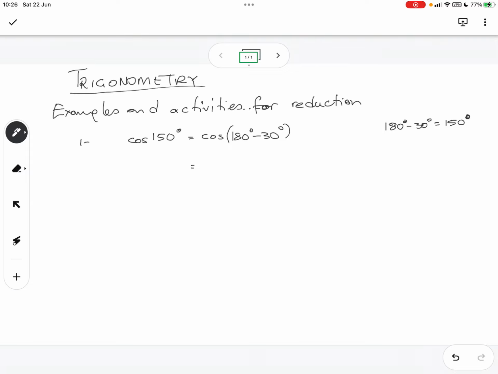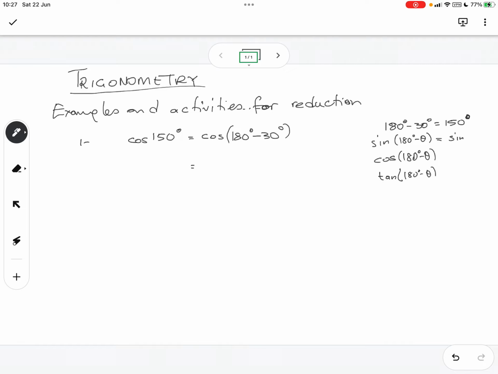Then what this means is we can reduce the angle. But now remember, I'll just write these for reference: 180 degrees minus theta. Just so we can remind ourselves. If we look at sine of 180 degrees minus theta, what's the answer?